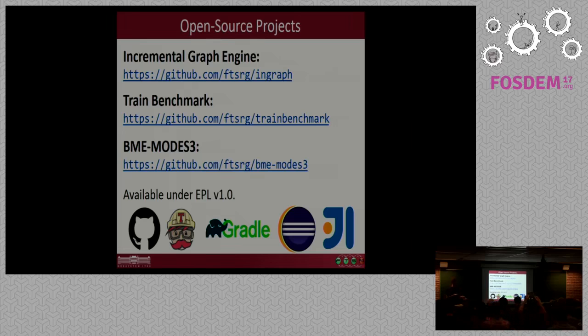This is a demonstrator that revolves around the idea of a cyber-physical system, and it uses a model railway and a lot of real-time computation to make sure that the model railway works safely. These are all available on GitHub with continuous build and licensed under the Eclipse Public License.